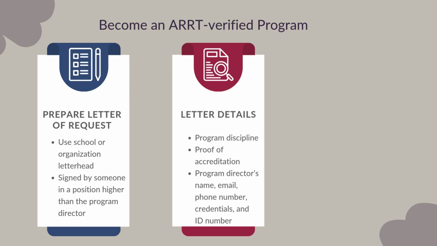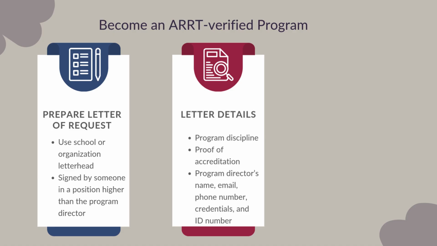To find more information about accreditation, visit our website at arrt.org. You'll also want to include the program director's name, email address, phone number, credentials, and an ID number if it's applicable.